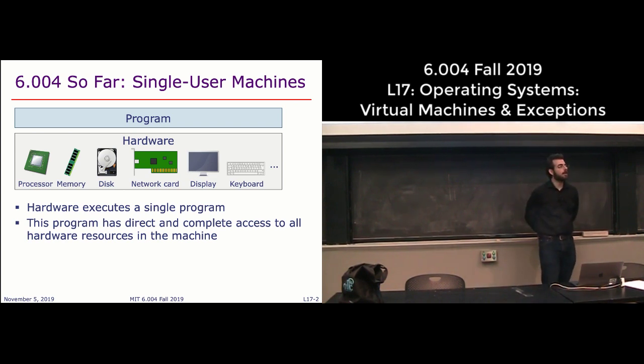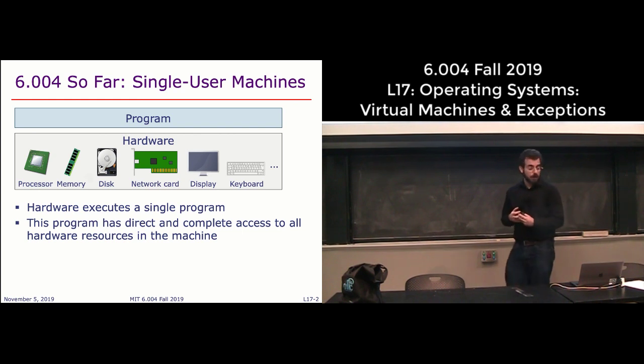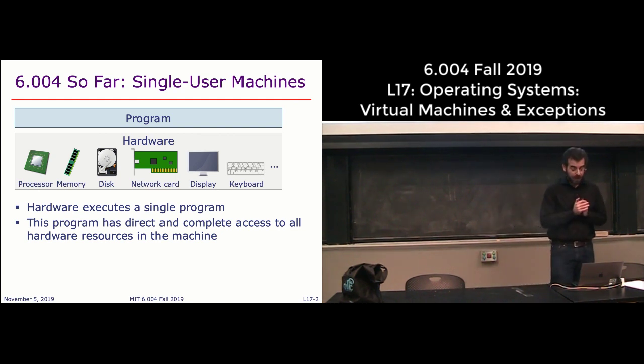So let's start with where we are right now. In 6004, so far, we've seen hardware that can run a single program, right? You've been building a processor in Lab 6. Last week, we covered the memory hierarchy. So there's main memory. There are also caches. But you have all this hardware, both processor, memory, I/O devices, disk drives, network cards, displays, keyboards, a lot of other things. And this hardware, and in particular this processor, is executing a single program.